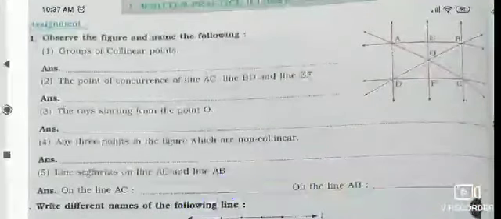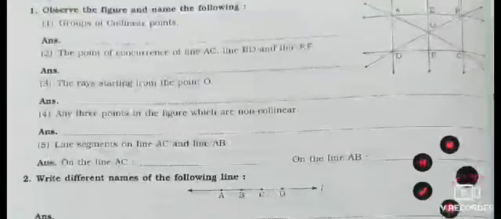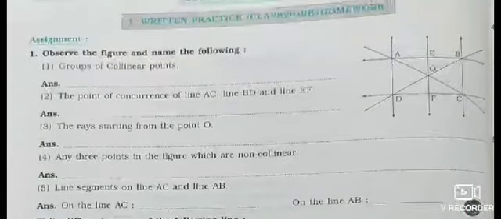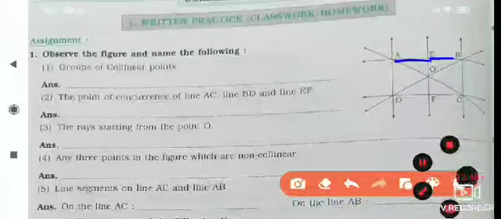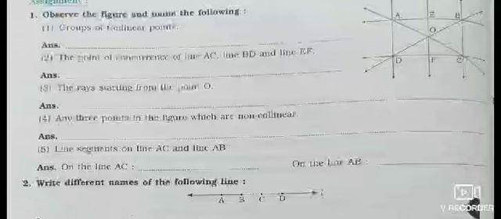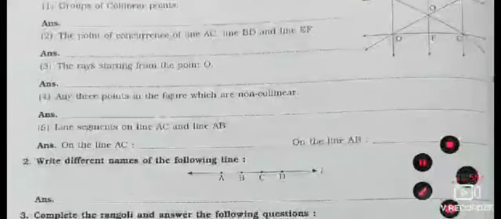And same for line AB. Which are the line segments on line AB? If you see here in this figure, 3 line segments are there: AE, then EB and then AB. So you can write 3 here for this question. How to write?